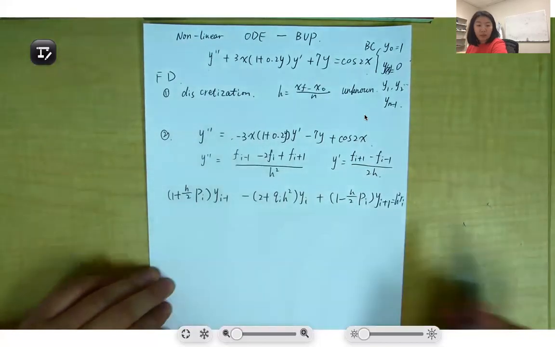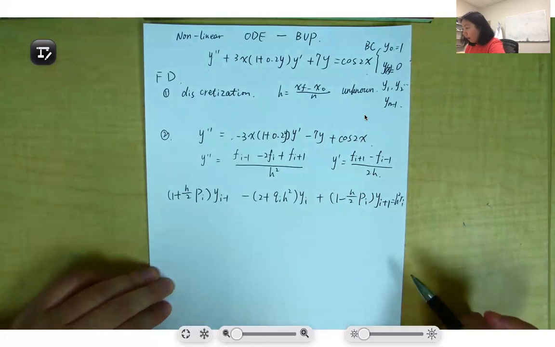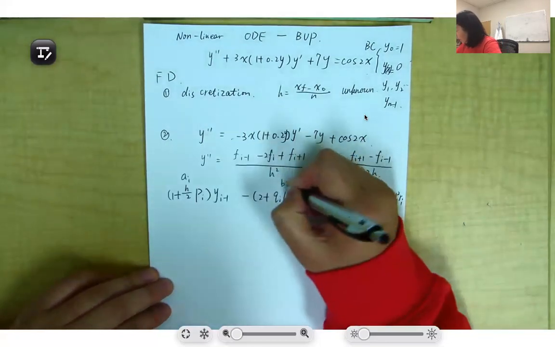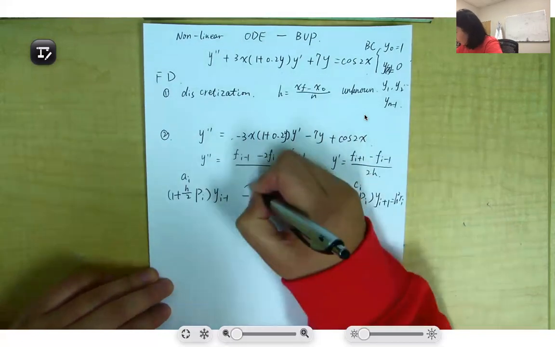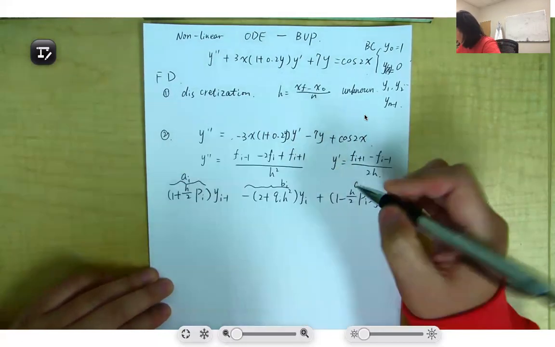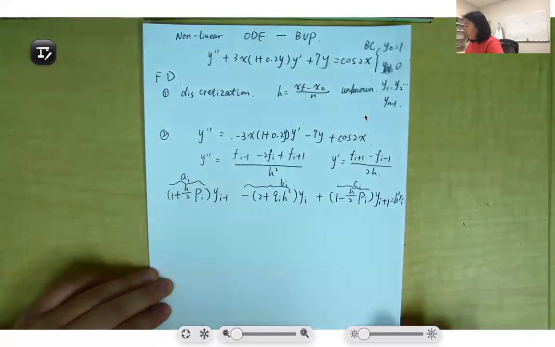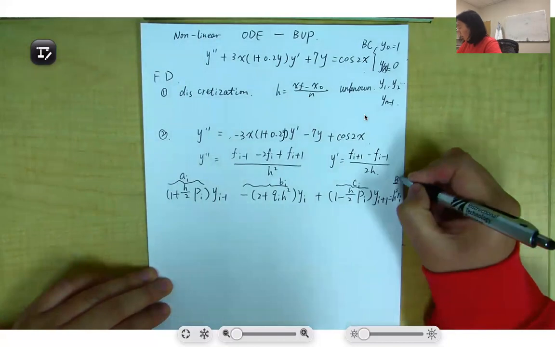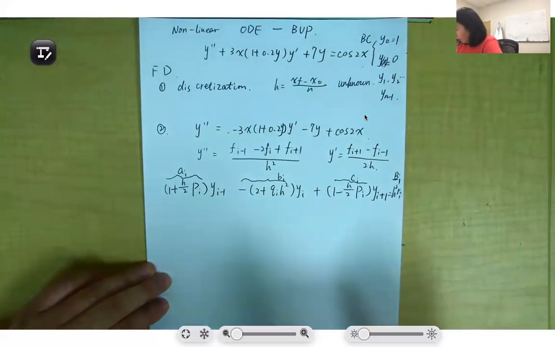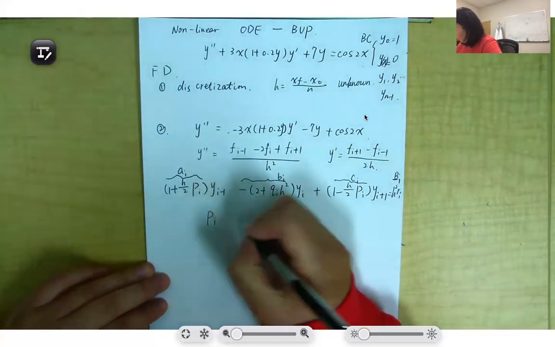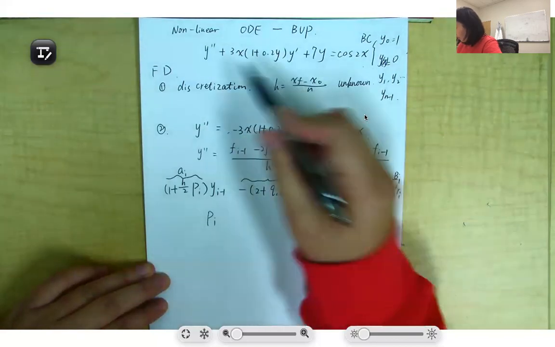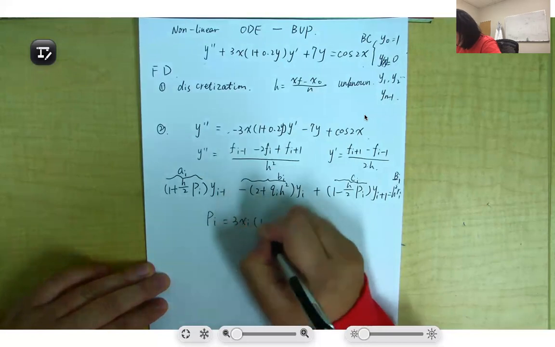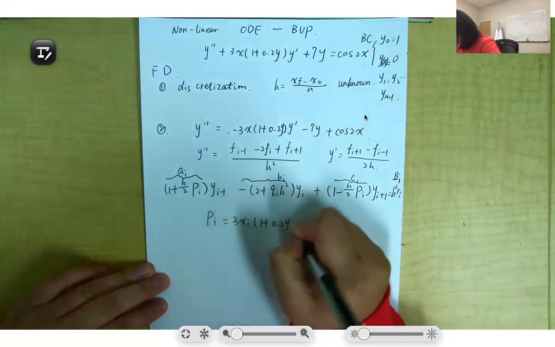So this is very similar to what we derived for the linear ODE. So this is ai, bi, and ci, okay? Then this is the b matrix, bi. Then the pi, from our equation, is 3xi(1 + 0.2yi).